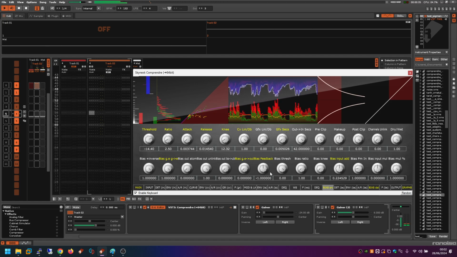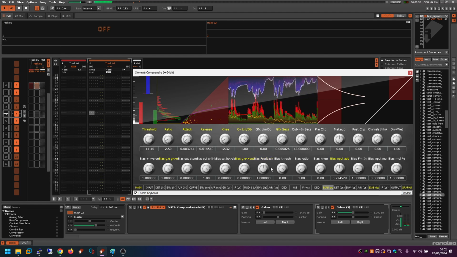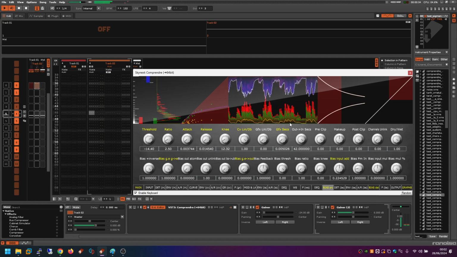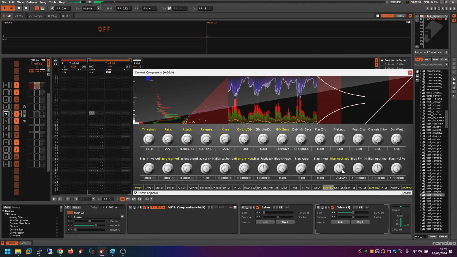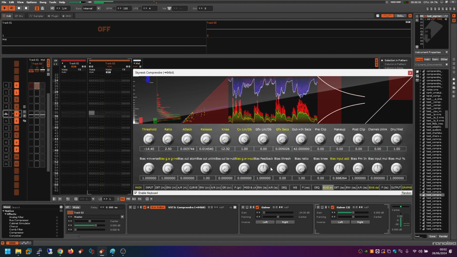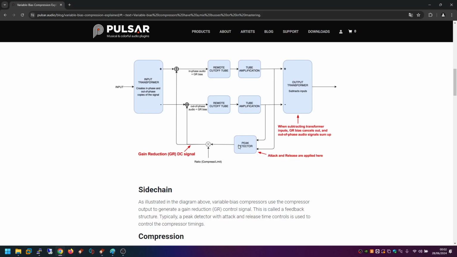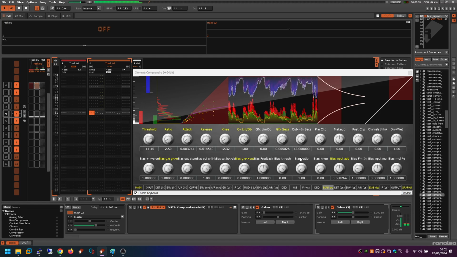Okay, and after the detector, I will make something a little epic. You have the equivalent of this part here, that is here.